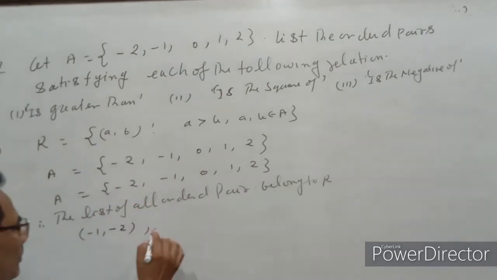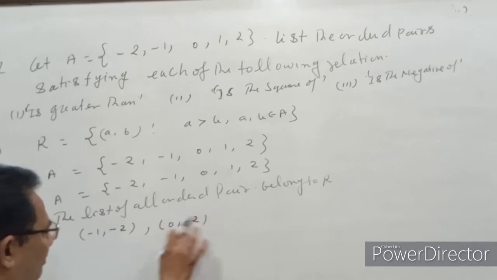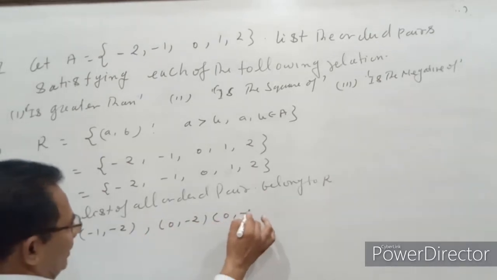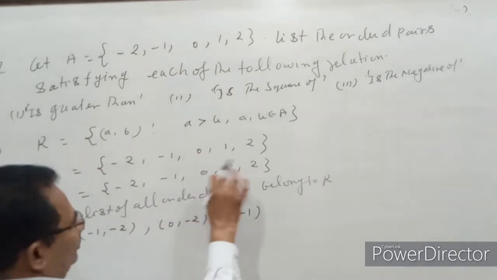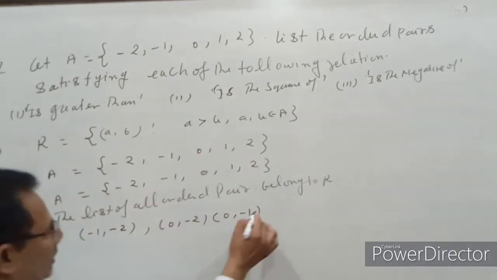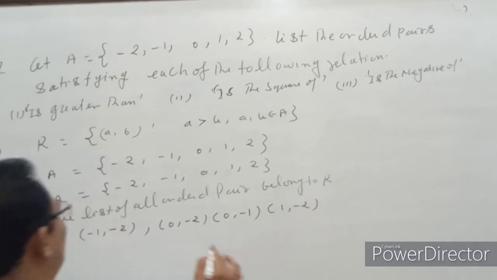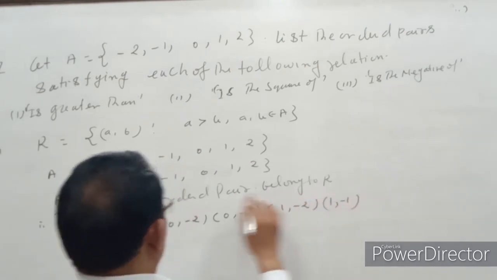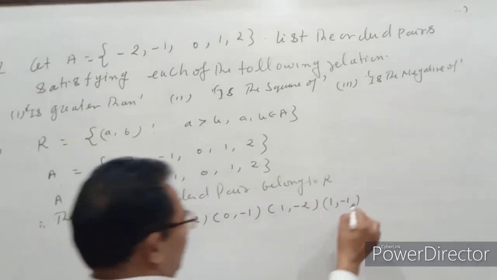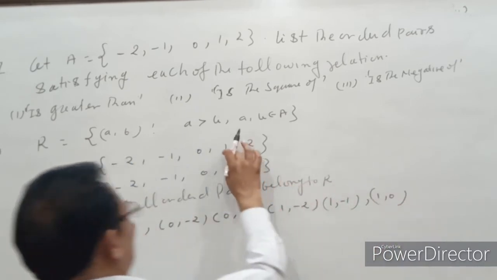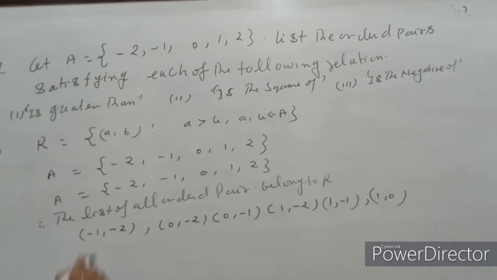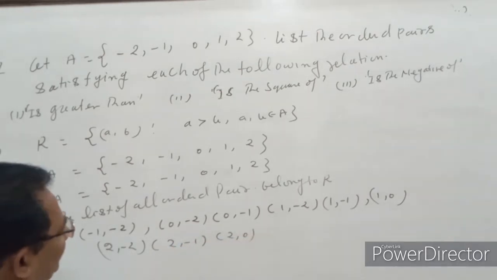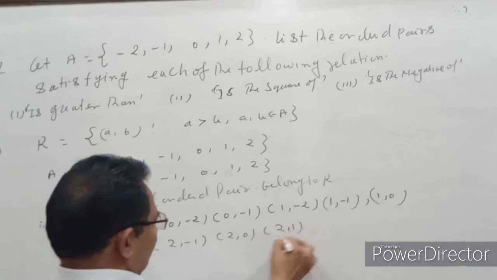अब हम चलते 0 पर। 0 और -2 में 0 बड़ा है -2 से, 0 बड़ा है -1 से, (0, 0) नहीं। 1 बड़ा है -2 से और 1 -1 से भी बड़ा है, 1 is greater than 0, (1, 1) इक्वल है। Next, 2 is greater than -2, 2 is greater than -1, 2 is greater than 0, and 2 is greater than 1.